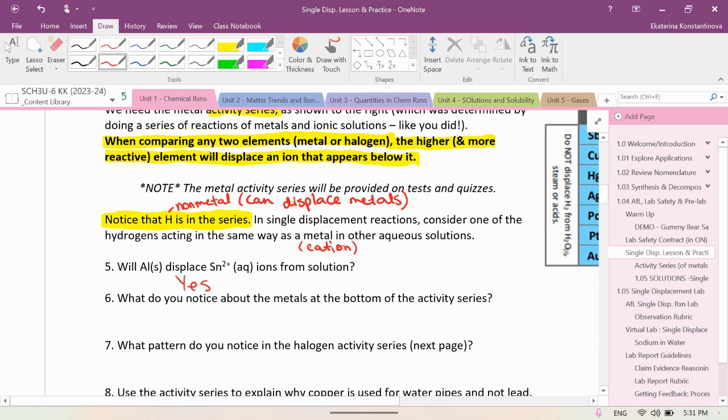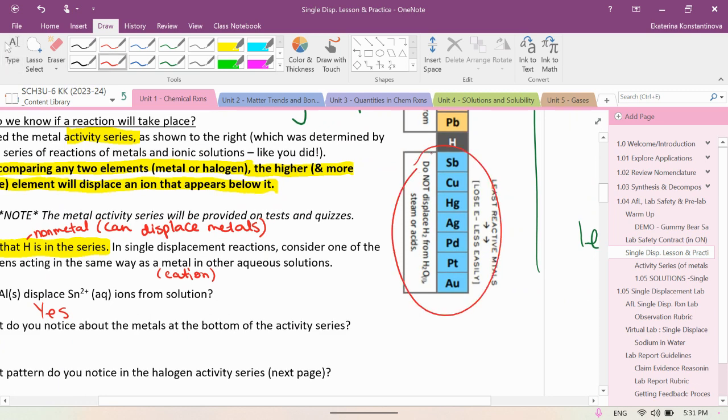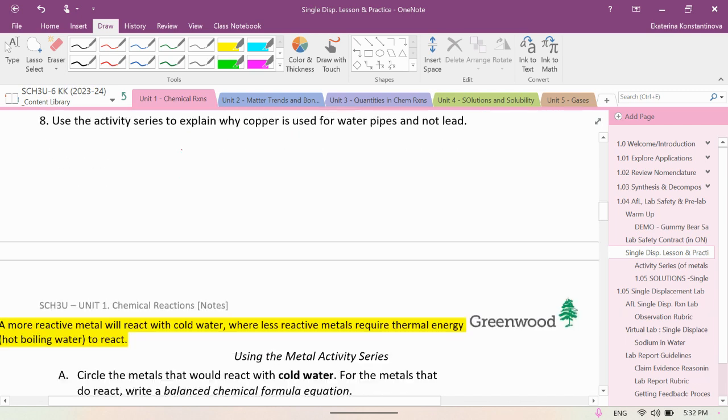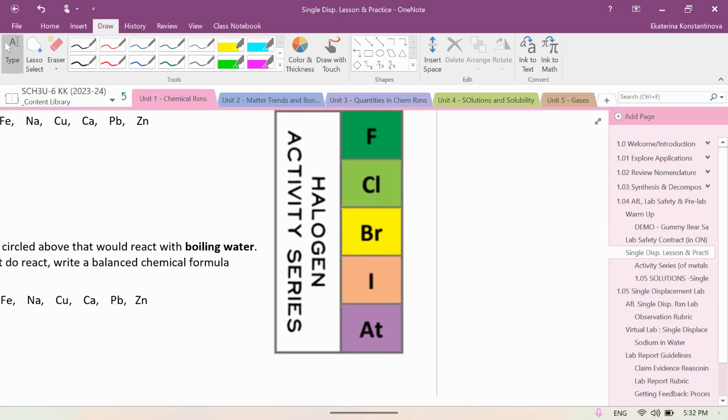What do you notice about the metals at the bottom of the activity series? Right here. Well, you notice that they all come from the middle of your periodic table, which is your transition metals. On the next page, when you look at your halogens, here's your halogens activity series.